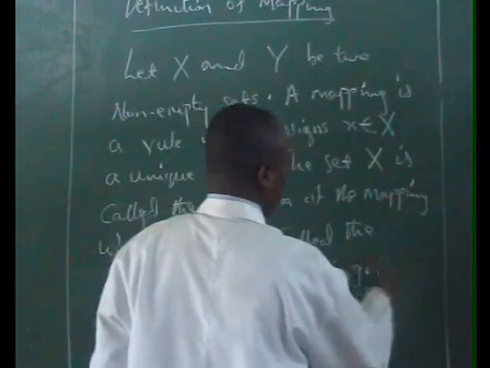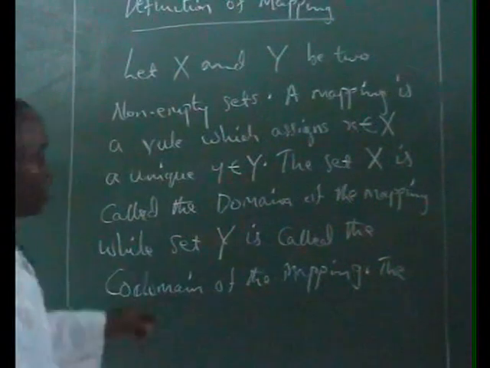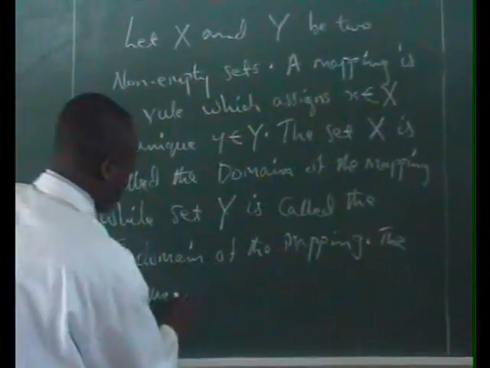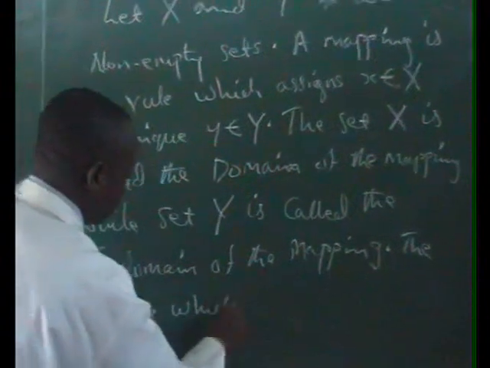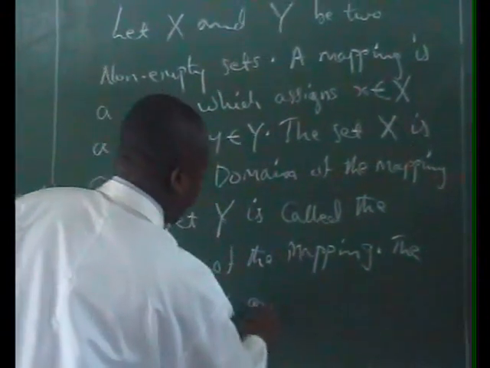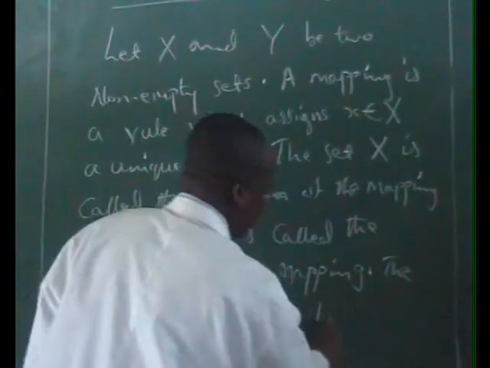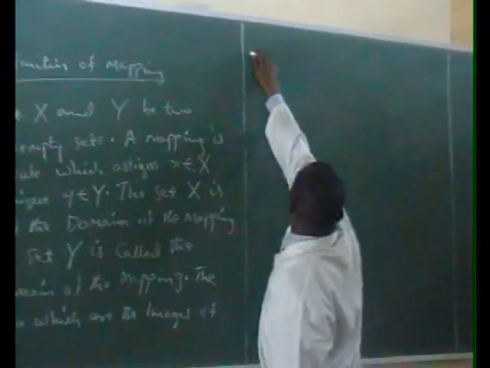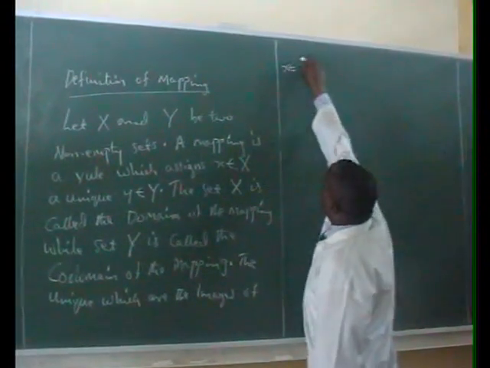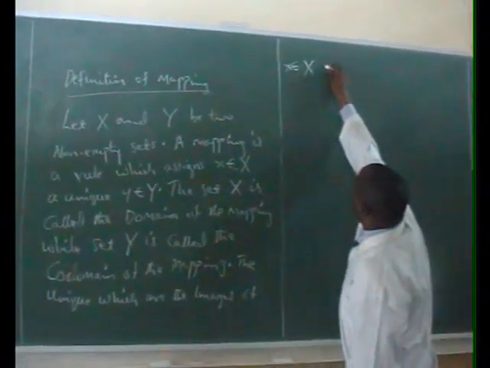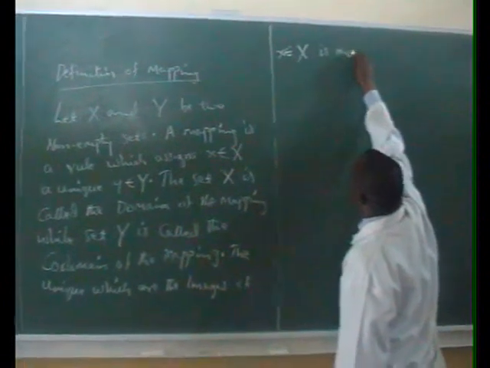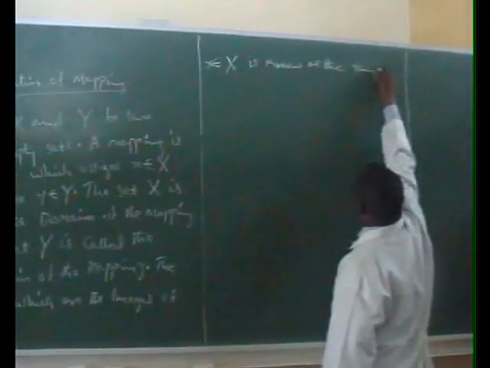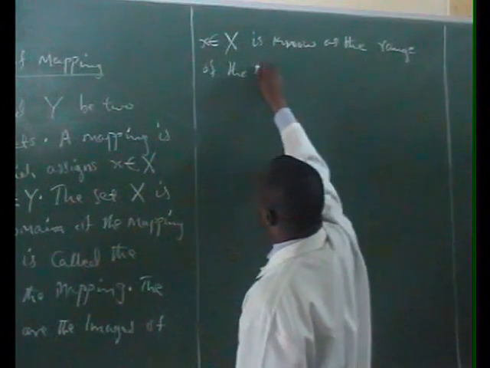Now, the unique Y which are the images of X, elements of X, is known as the range of the mapping.